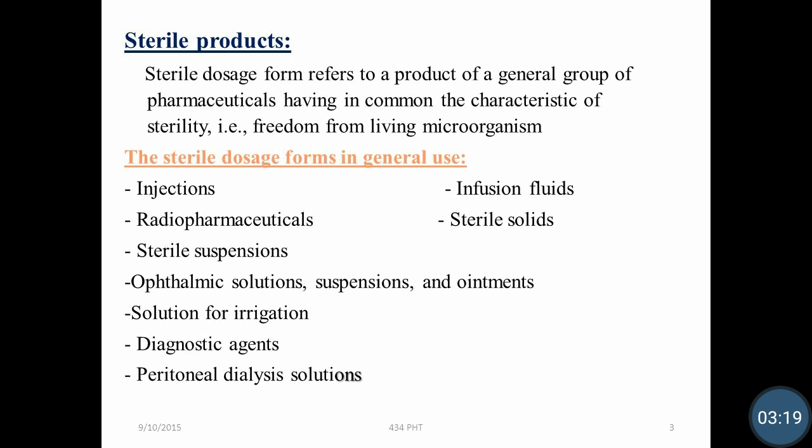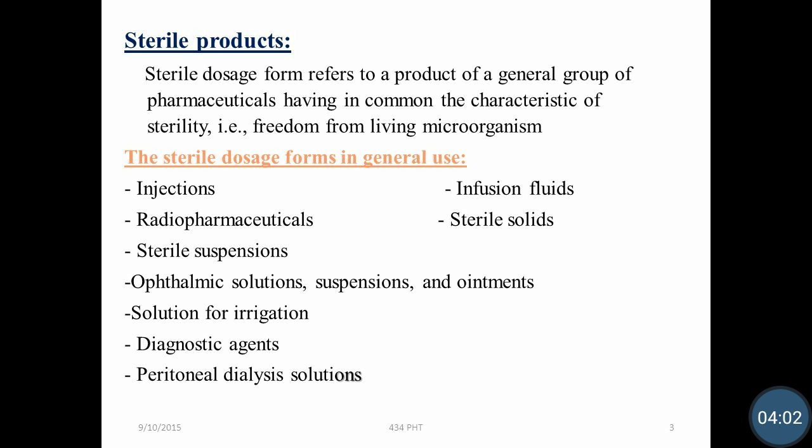The different formulations which come under sterile products are injections. All injections are sterile formulations. Again, the radiopharmaceuticals. Radiopharmaceuticals are radioactive isotopes which are used to diagnose dysfunction of the body tissues. Different radiopharmaceuticals are calcium 47, carbon 11, carbon 14, cobalt 57, iodine 123, iodine 125, and iodine 131.